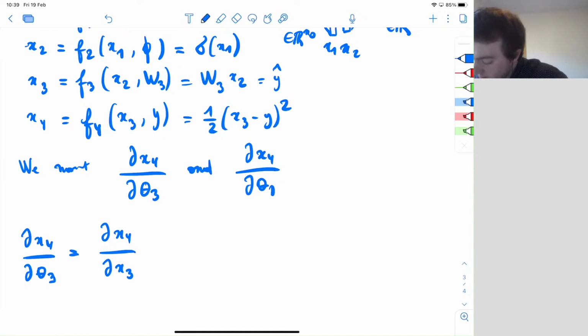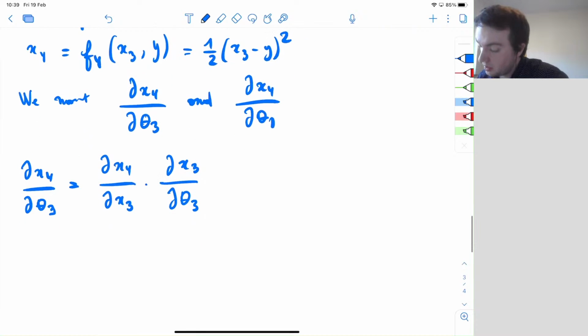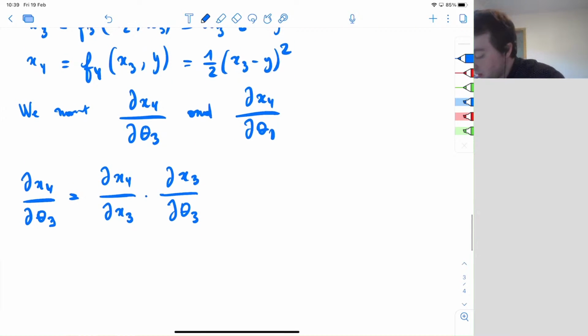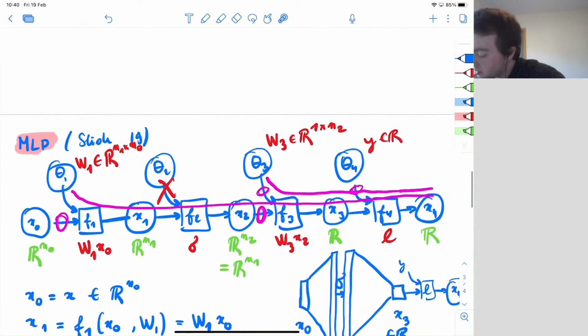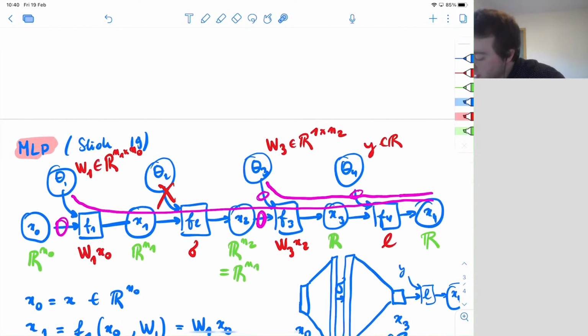Times the Jacobian of x3 with respect to θ3. And that's it, because θ3 is an immediate argument, the immediate input of the function f3.